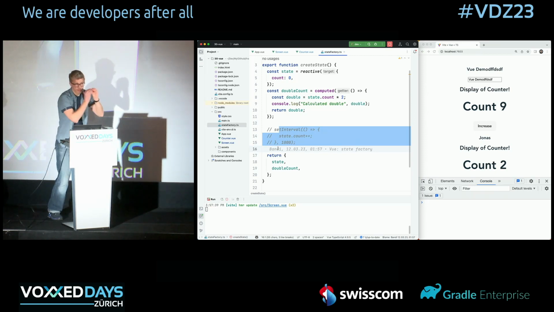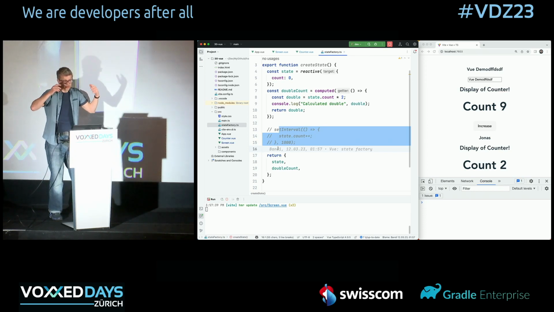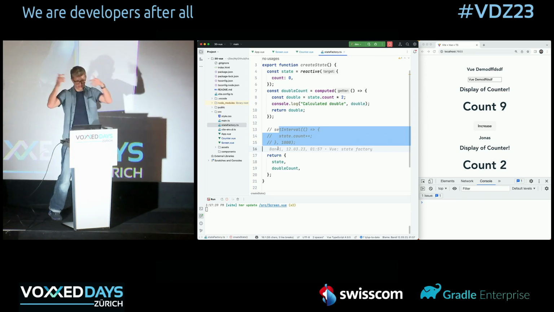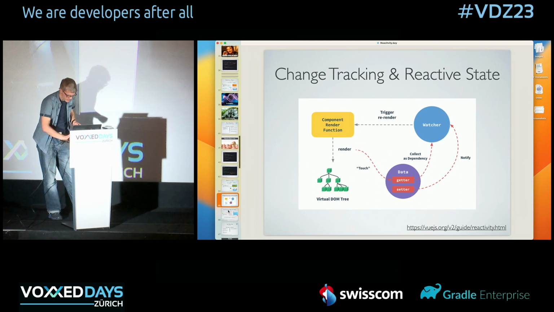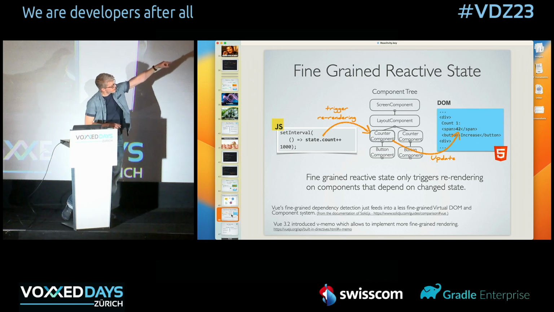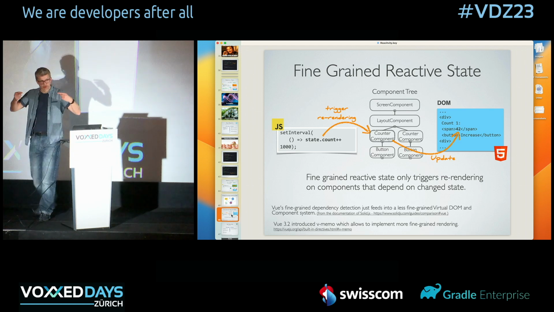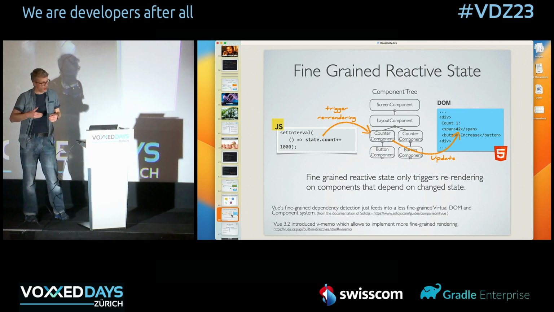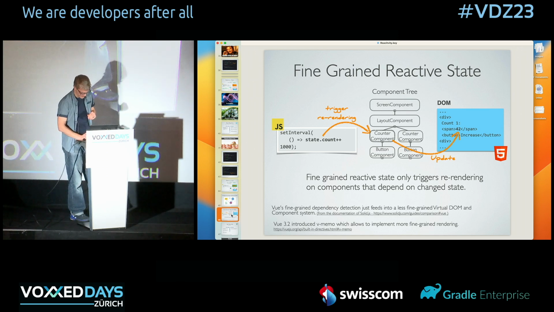So changes to the state are actually the driver of UI updates, and not that the state just leads to a re-rendering of a component and then this drives the update. So the state triggers a re-rendering of one component in that tree, and only that component is re-rendered. Still, the whole component was re-rendered, so we have seen that the getter was still accessed on the same component, but it is much more fine-grained at runtime.